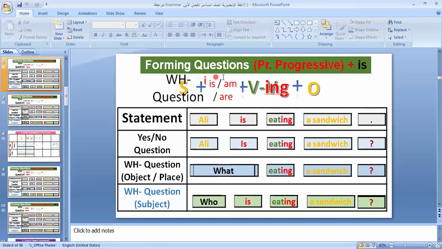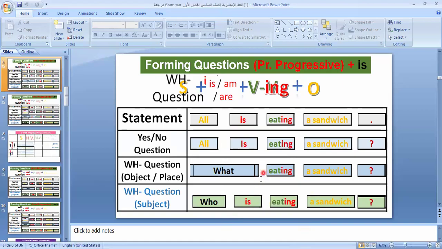Here is the forming of the present progressive. How can I make the present progressive as a question? Like this one. When we use a yes/no question, I say, is Ali eating a sandwich? And I put a question mark at the end of the sentence. When we use a WH question, I use it like this. We say what is Ali eating?